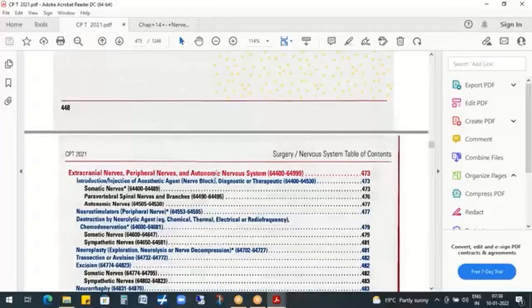Surgical repair of nerve through exploration of nerve, nerve decompression, or neurolysis.